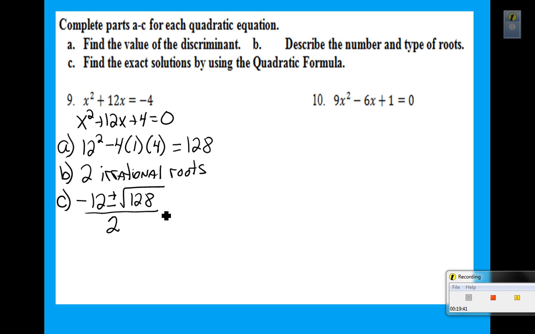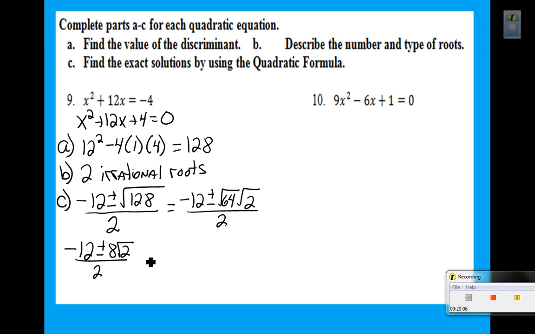And then I got to reduce this, so this becomes negative 12 plus or minus something I know the square root of that goes in 128, which is 64, and 2, all over 2. I now have negative 12 plus or minus 8 radical 2 over 2.